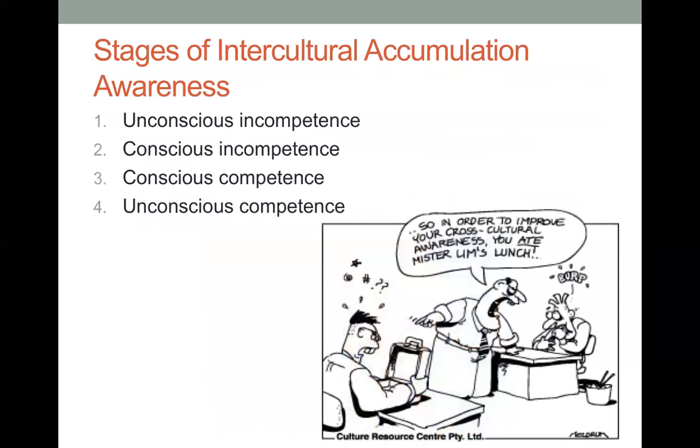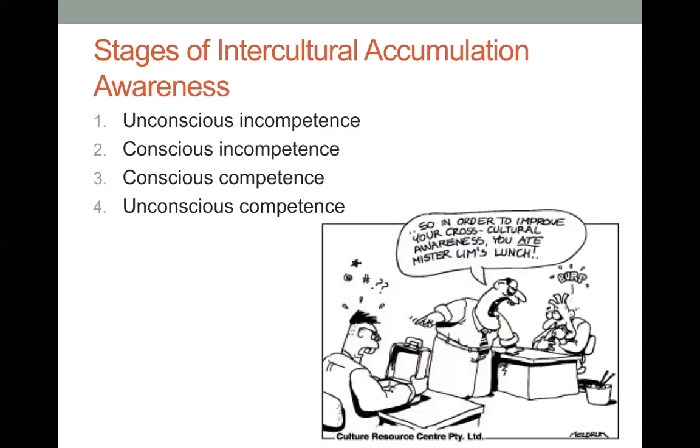Intercultural accumulation and awareness. There are some stages that people go through as they become more what's called competent of somebody's culture. And there's 4 steps, and I will explain them. Unconscious incompetence is when you misunderstand a communication in another culture, but you don't even realize that you're misunderstanding it.